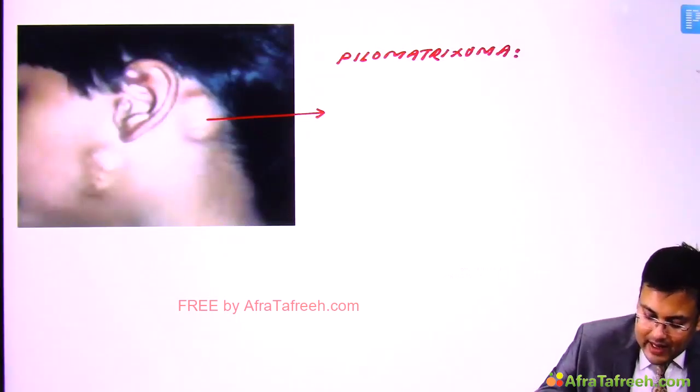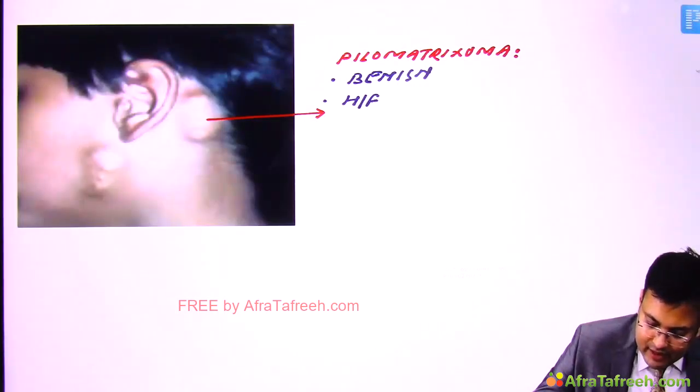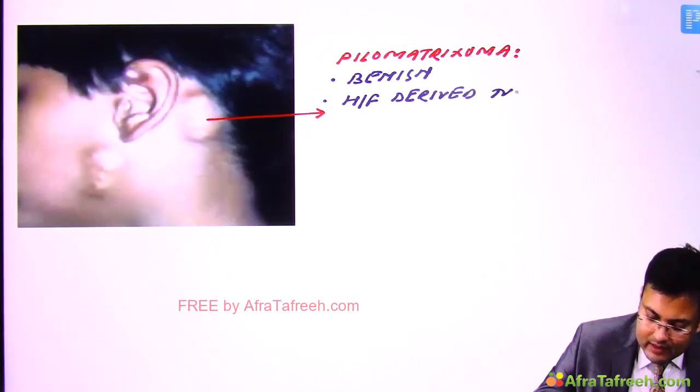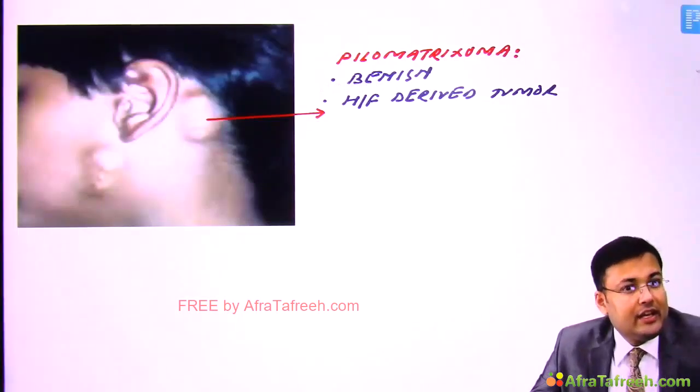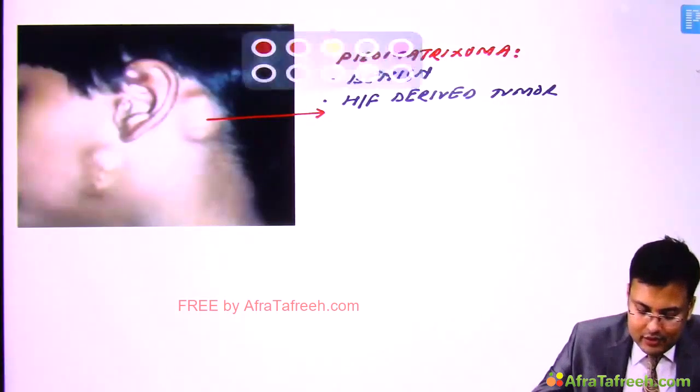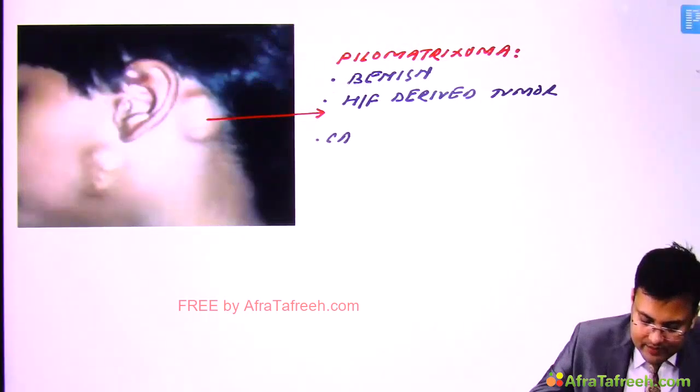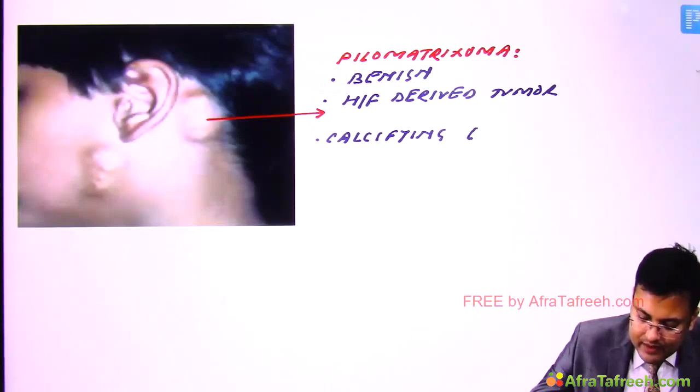And it is a benign hair follicle derived tumor. The name is dangerous. What's the name? Calcifying epithelioma of Malherbe. So another name is calcifying epithelioma of Malherbe.